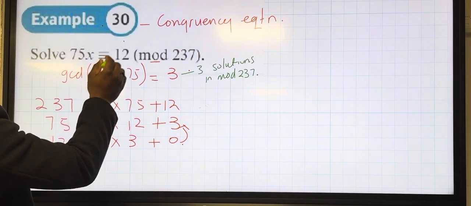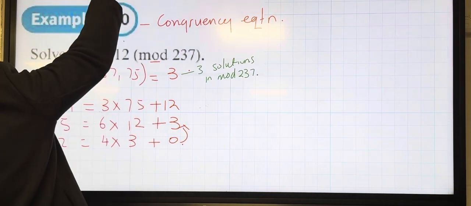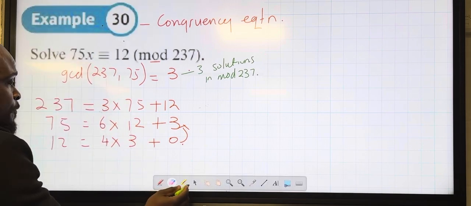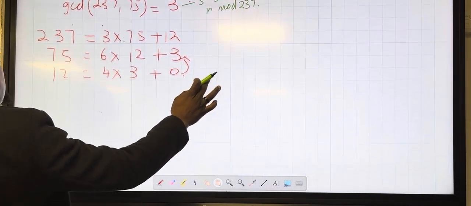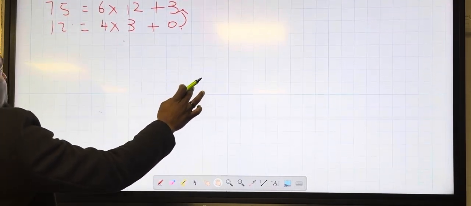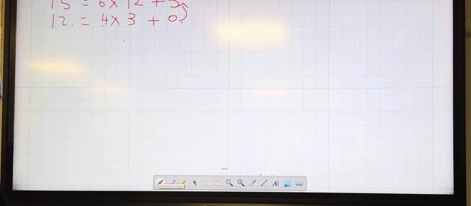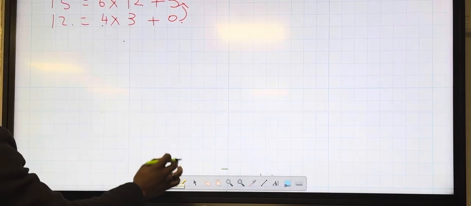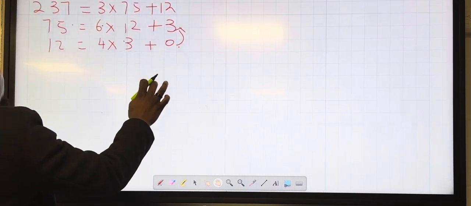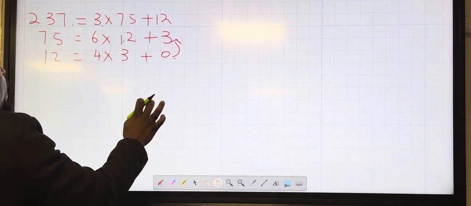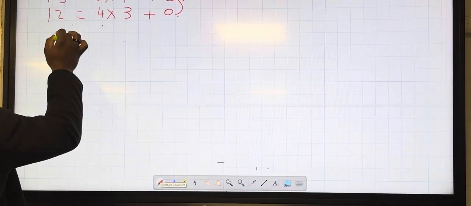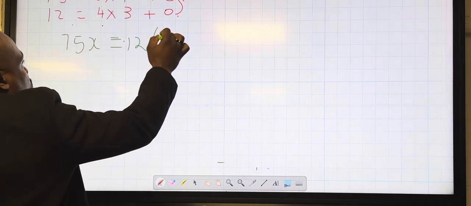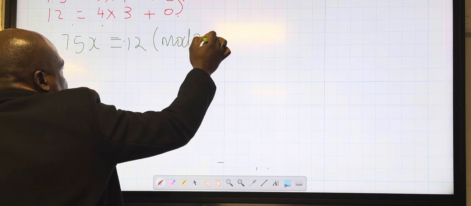So now that we have done this, I can move forward and say, let us now write the new equation. The new equation is going to become, we're dividing everything. So remember, we have here, real quick, 75x is congruent to 12 in mod 237.